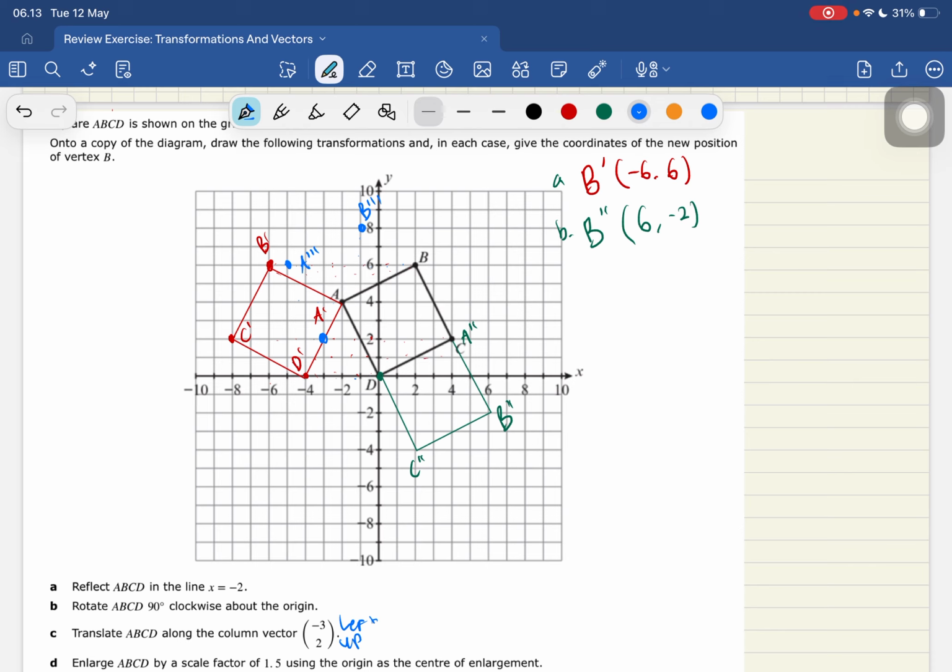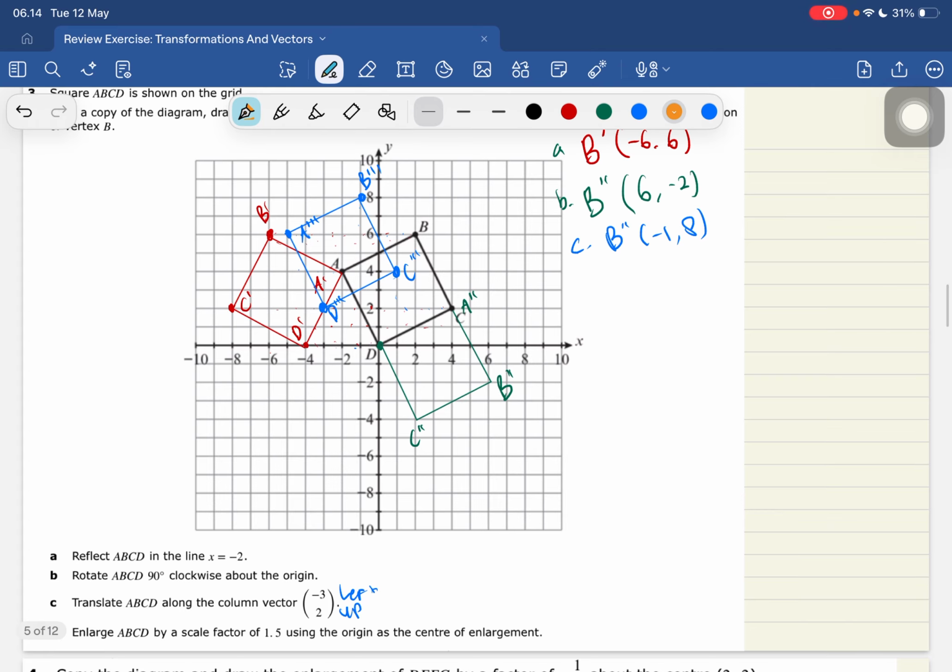Here is D. C, 3 and 2. Here is C. We can connect it. So the coordinate of B is (-1, 8).